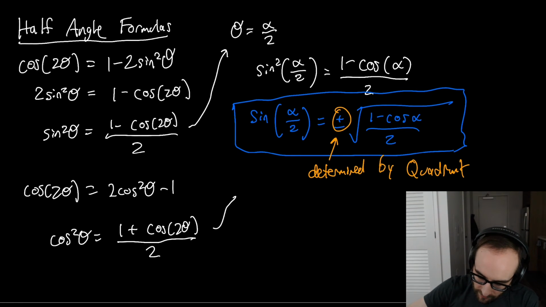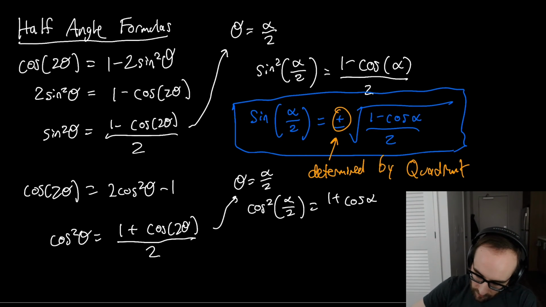Again, we're going to replace theta with alpha over 2. Cosine squared of alpha over 2 equals 1 plus cosine alpha all over 2. And then our final equation is cosine of alpha over 2.